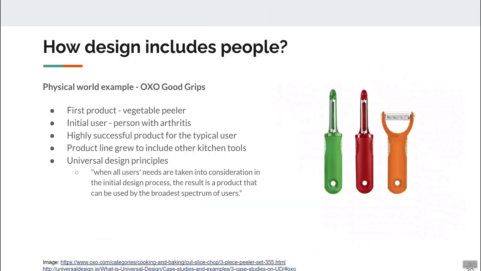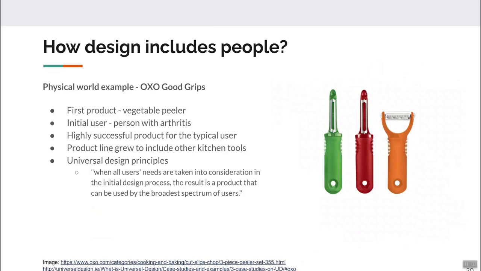And another product like that is the OXO Good Grips, and the first one was the vegetable peeler. It was initially designed for a person with arthritis, and some of the design goals was that it had to be comfortable to use, but it also had to look good. And because of that, they became very successful for the typical user.